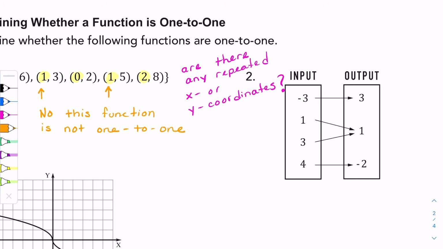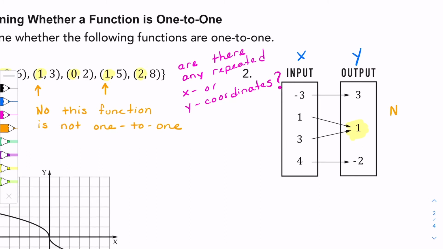Number 2, right here we can see that we have two x values, or two inputs, that are giving us the same output or y value, which also cannot happen. That is not one-to-one.